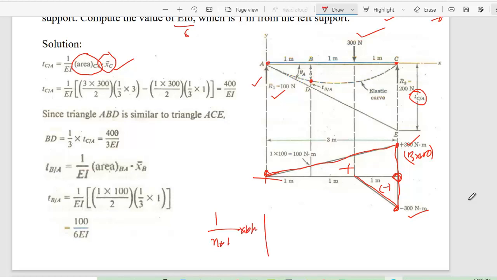And for the X bar, 1 by n plus 2 into B, right? If you look from the base. Okay, so now this is what degree line of action? First. Right? The line of action is first. This is also same, first degree, right?